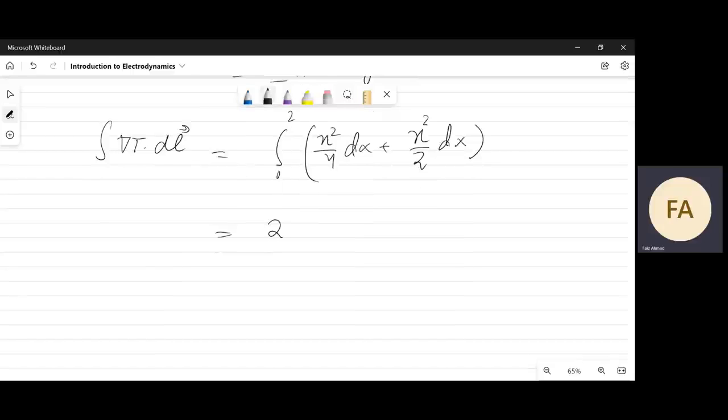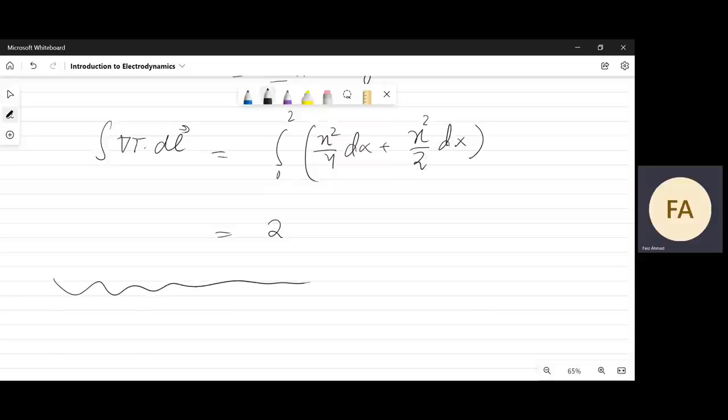So again, the integration is independent of the path if we are going to take the line integral over the gradient of some function.